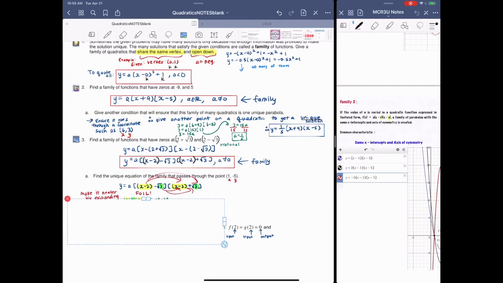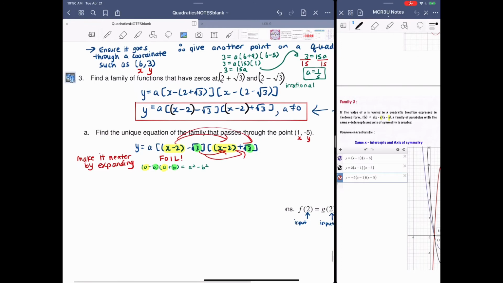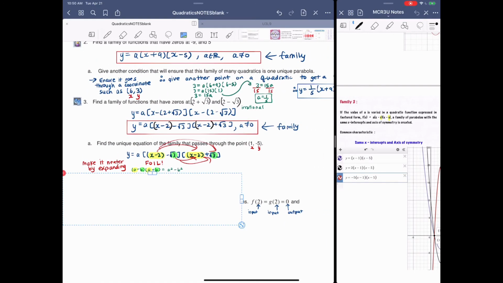And I will get, according to difference of squares, the form a squared minus b squared, because my x minus 2 will multiply to x minus 2 and it'll equal (x - 2) squared. The parts in the middle will cancel out because one is a positive, one is the negative version of another. And then minus square root 3 times plus square root 3 is equal to minus square root 9. So that's what I get within the brackets.